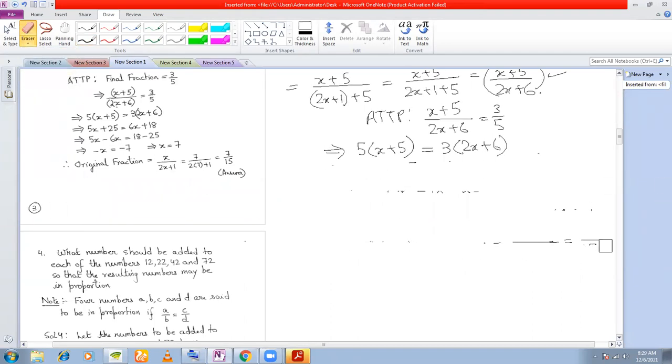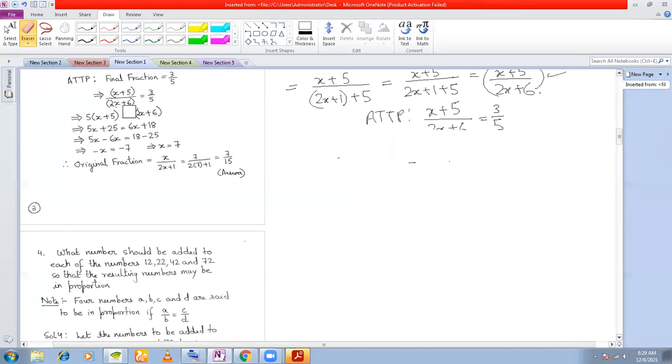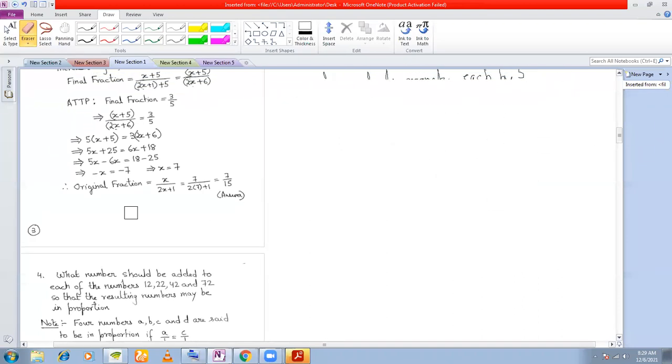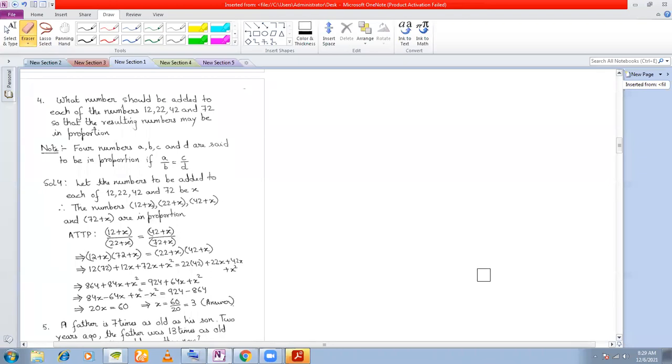Okay, now the next question is an important question, which you'll study later on also a little bit, which is proportions. Before I discuss this question, I would just like to give you a definition of proportion. What is a proportion? Proportion means when two fractions are equal, or when two ratios are equal, they are said to be in proportion.